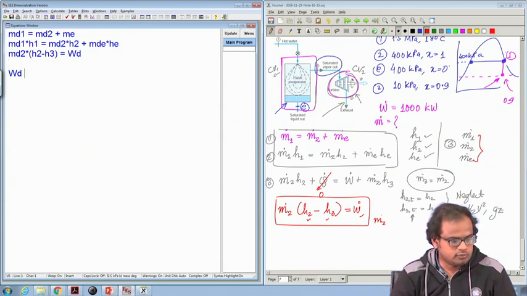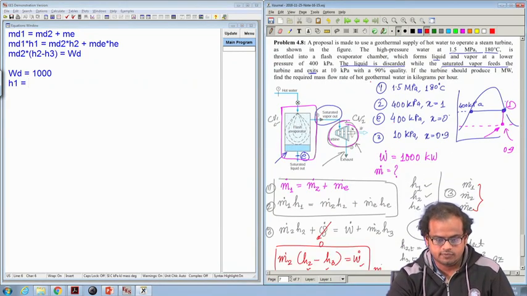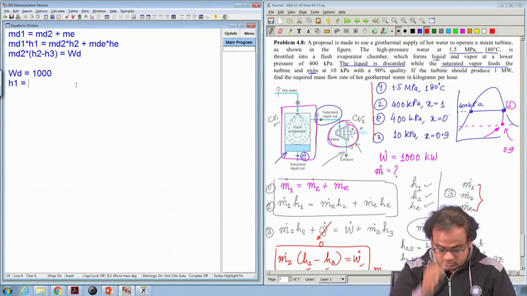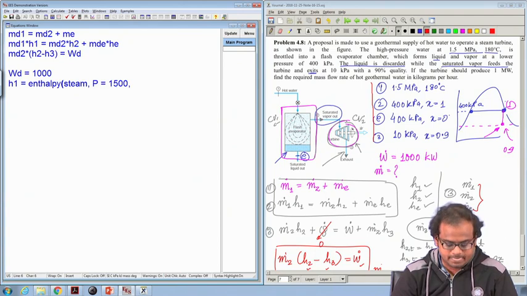So W dot equal to 1000. H1 equal to, we find out from these states what the enthalpies are. Enthalpy of steam at P equal to 1500 kPa and T equal to 180 degrees Celsius.